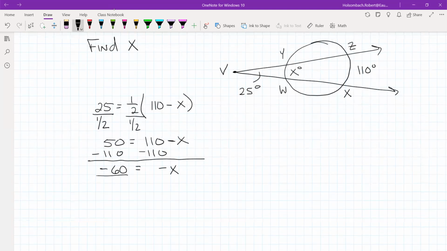And now we divide both sides by -1. And positive 60 is equal to X. So there's our X in this case. Any questions?